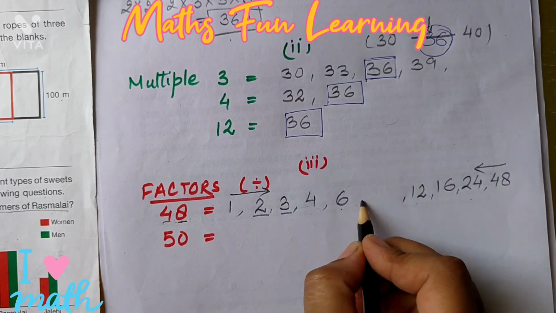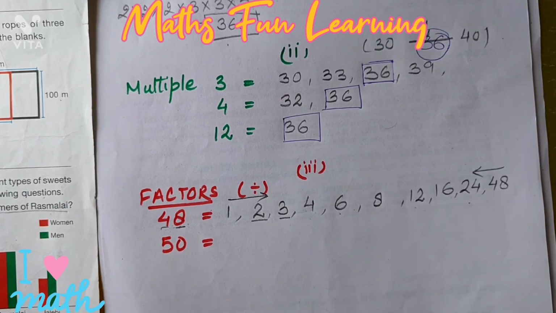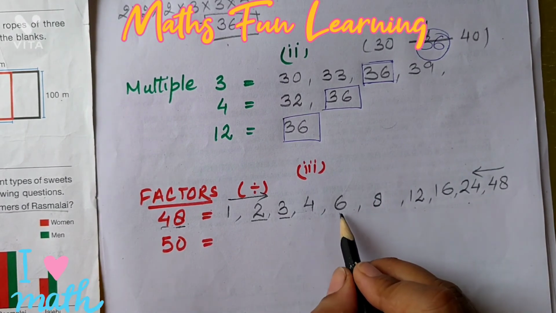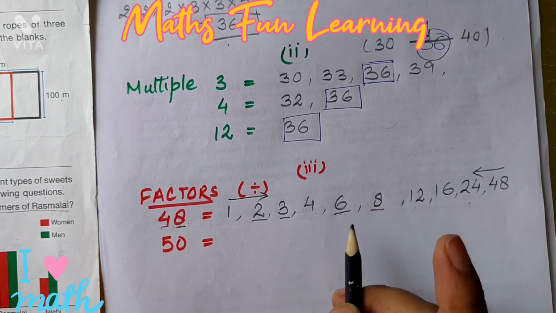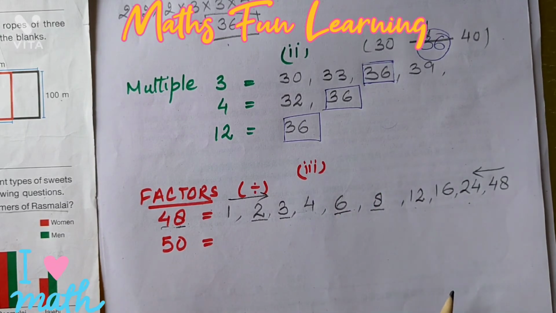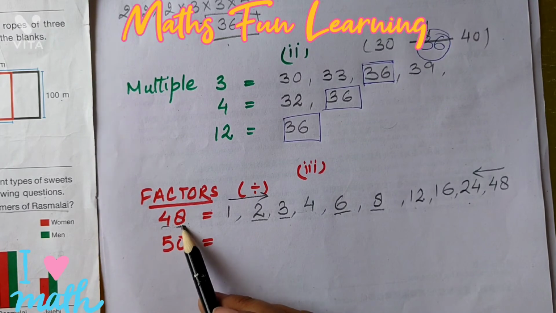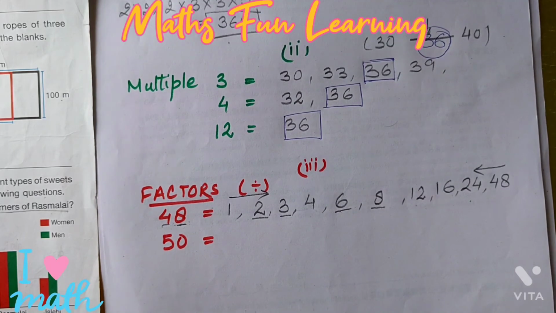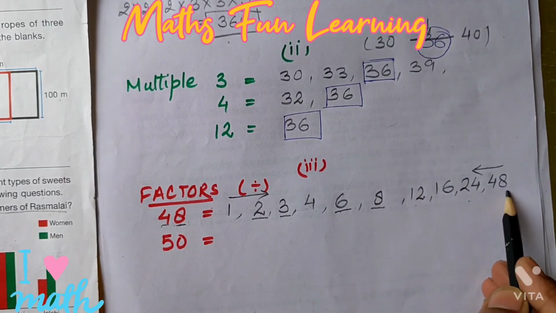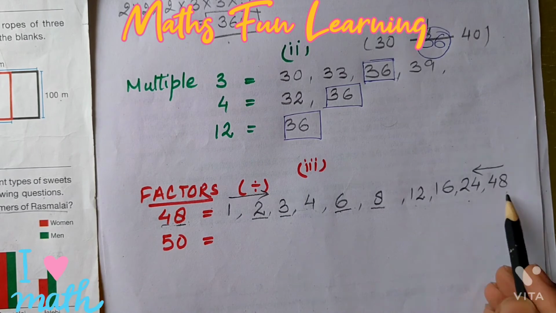So 6 times 8. Very good. Now observe here, 6 and 8 are very near numbers. In between there is only one number, that is 7. Let's see, can 48 be divided by 7? No. 48 will not come in the table of 7. That means all the factors of 48 are here.